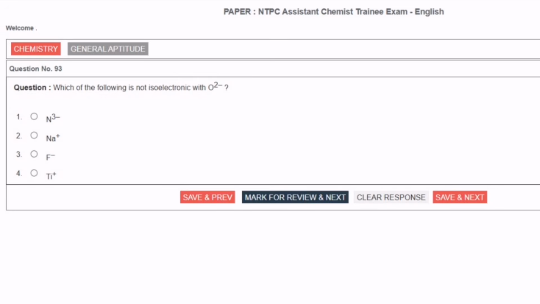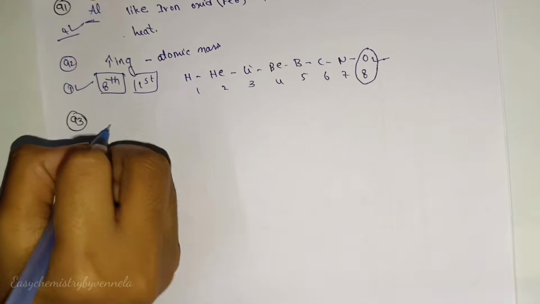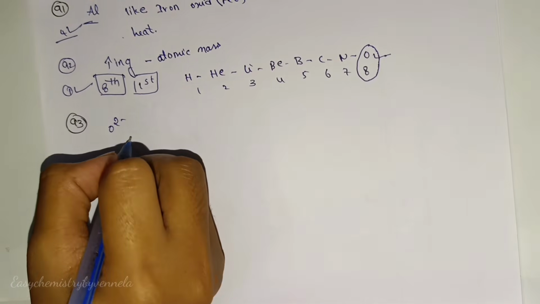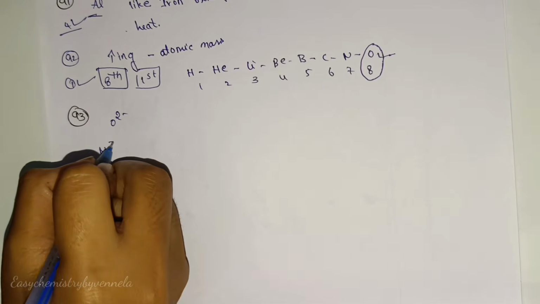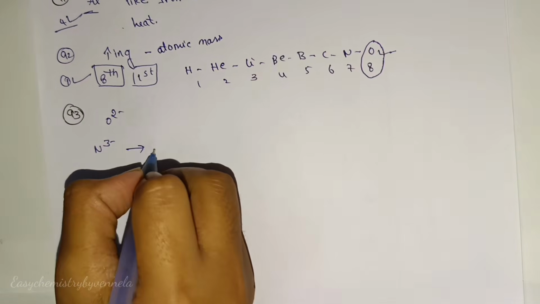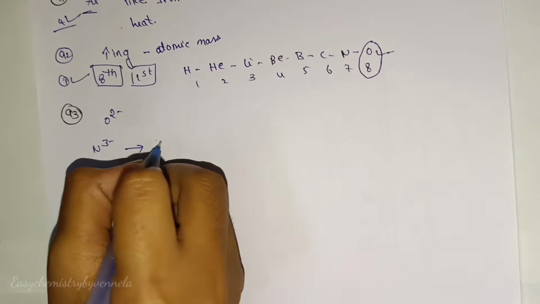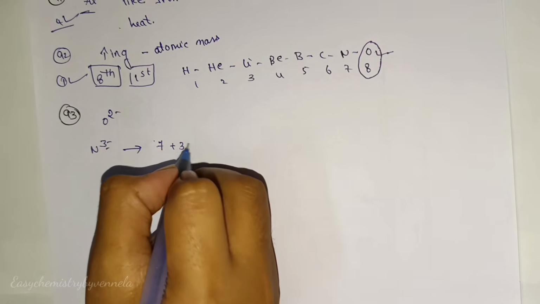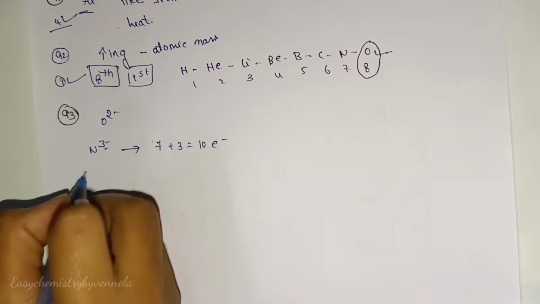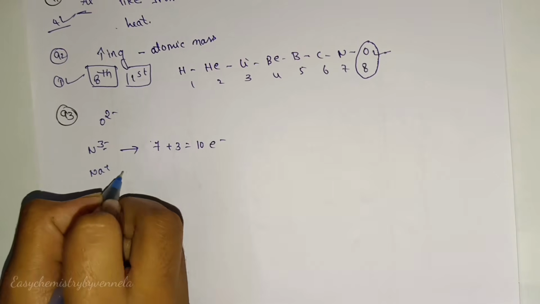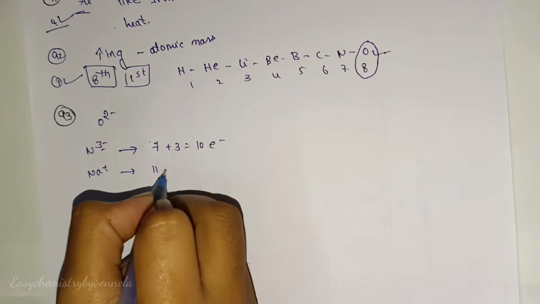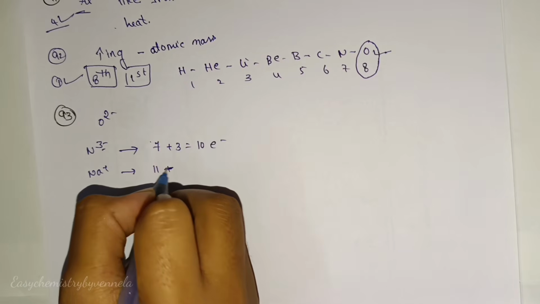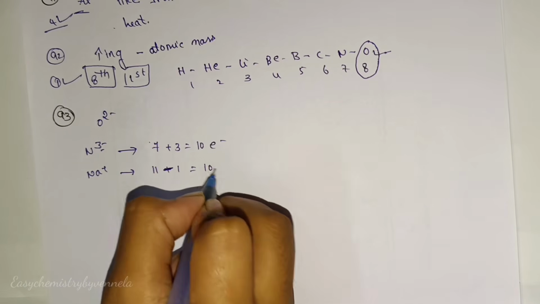Next question. Which of the following is not isoelectronic with O2 minus? O2 minus has, how many electrons? Oxygen 8 plus 2, 10 electrons. The first one is N3 minus. Nitrogen atomic number 7 plus 3, so 10 electrons. Next, Na plus, sodium atomic number 11 minus 1, so 10 electrons.